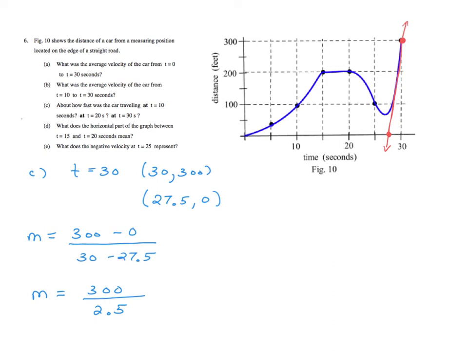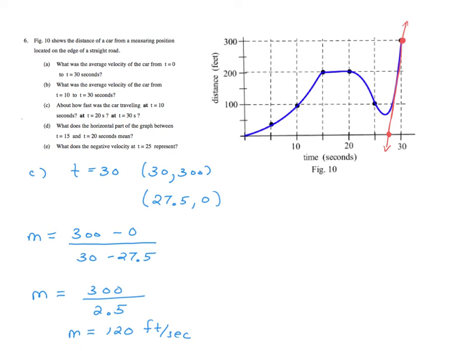Let's get out a calculator just to make sure I get the right value here. Okay, that is 120. And the units are going to be feet per second. A rough approximation, certainly not perfect, but we're just estimating it.